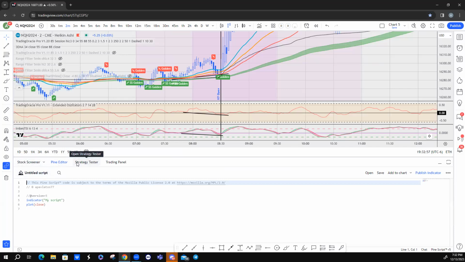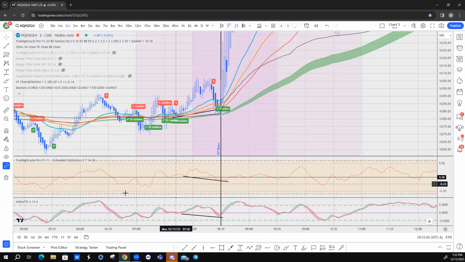Okay, for some reason it's not showing up. This one is the true strength indicator by Imbus, and the settings for it are 6, 13, and 4.